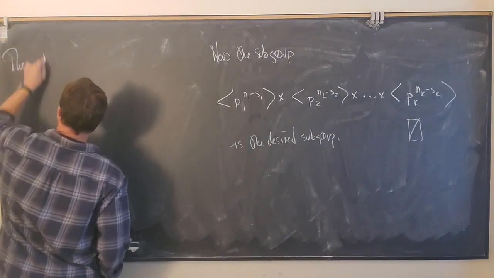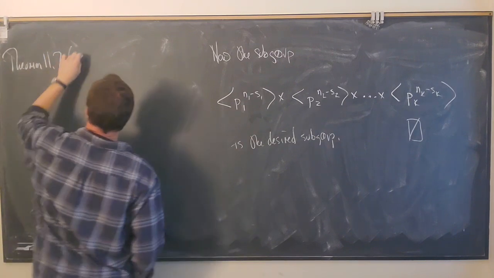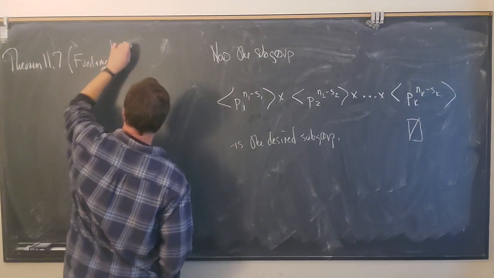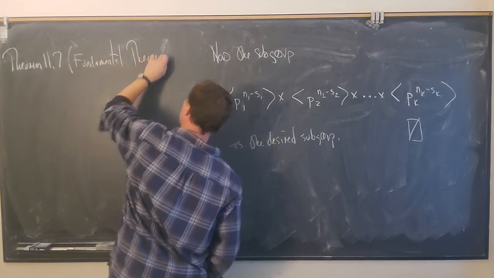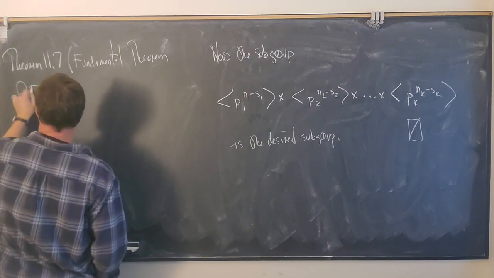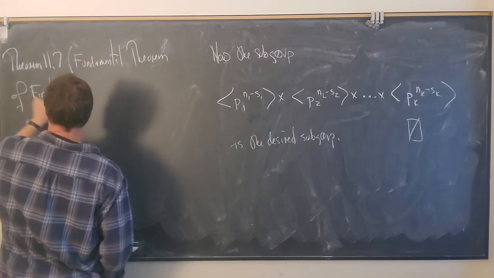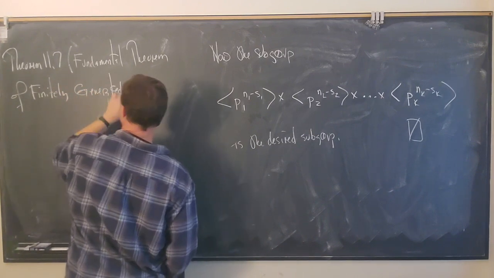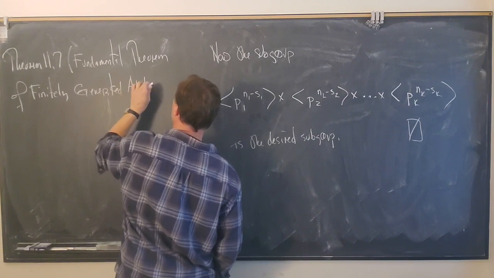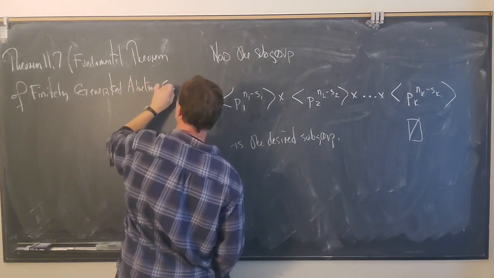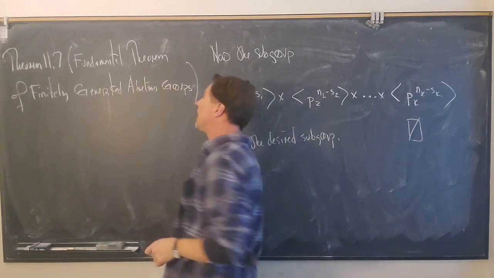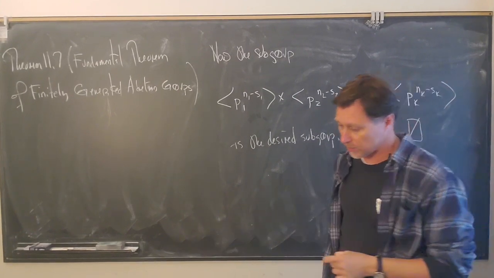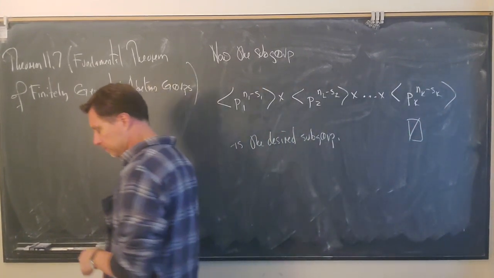Theorem 11.7 is called the fundamental theorem of finitely generated abelian groups. So instead of just finite, now we have finitely generated, which means it has a generating set consisting of a finite number of elements. And it goes like this.